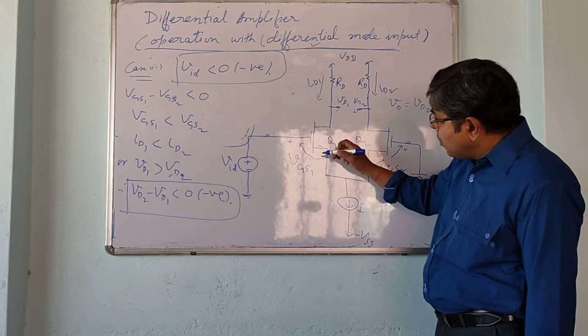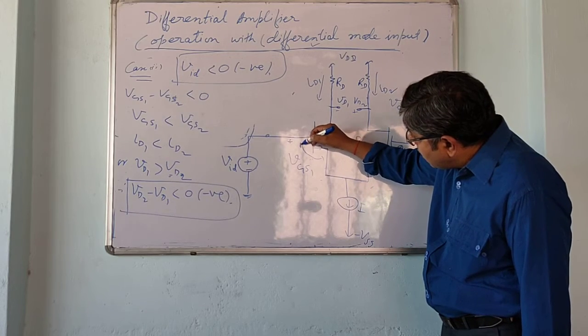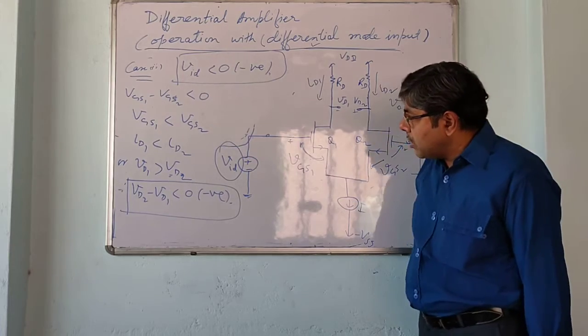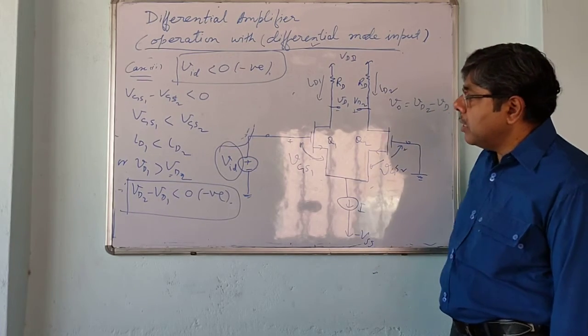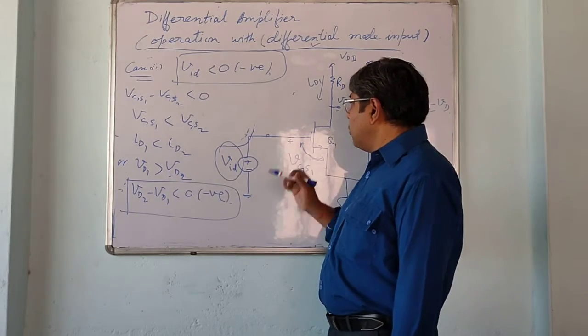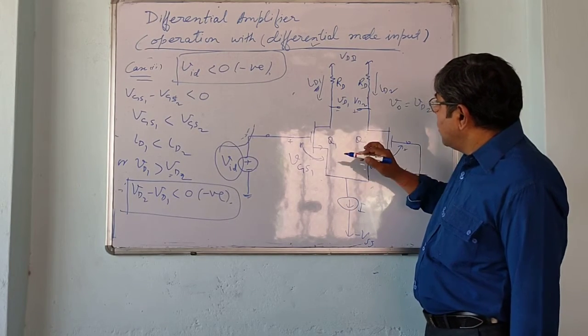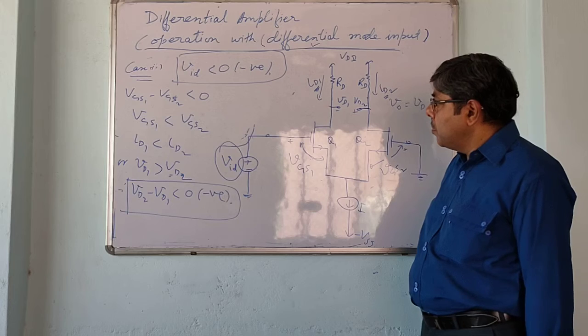Now suppose this VGS1 is increased. Suppose this differential mode input in one direction is increased, positively. Then what will happen? This current will increase and the other will reduce.